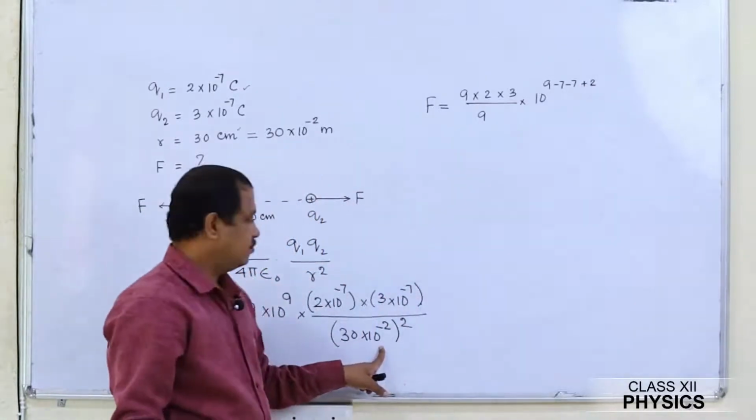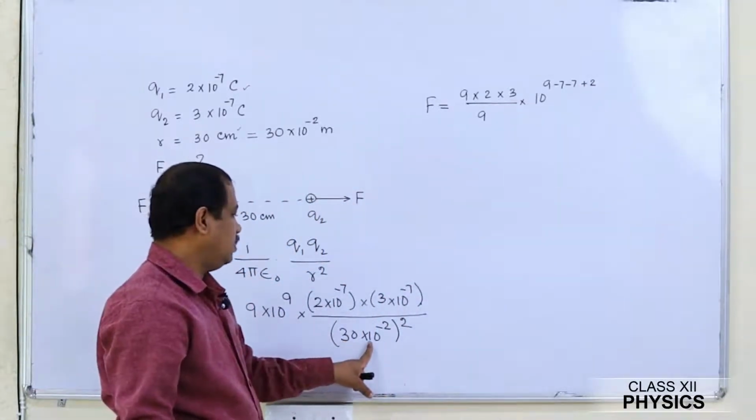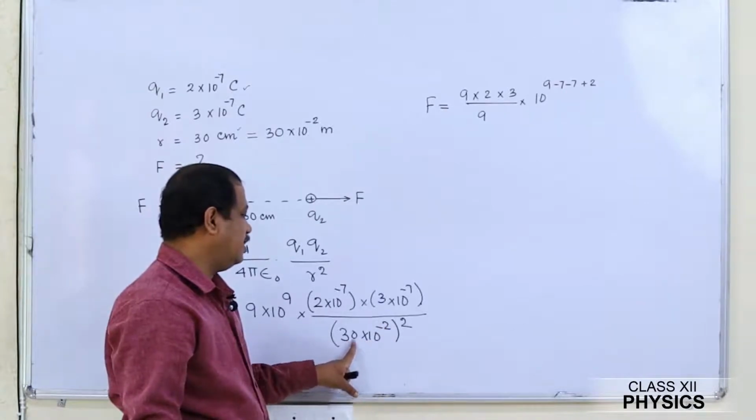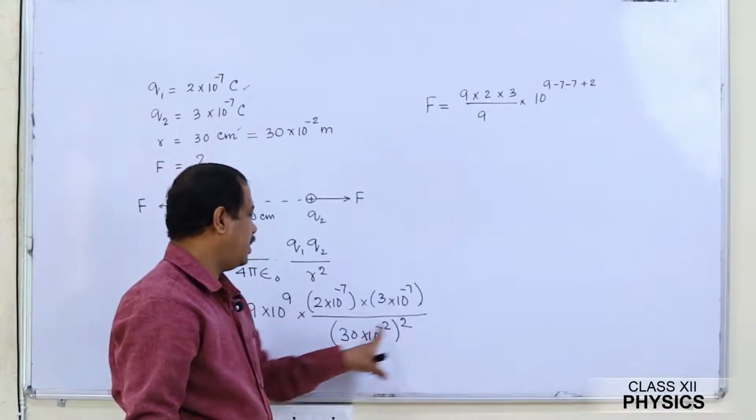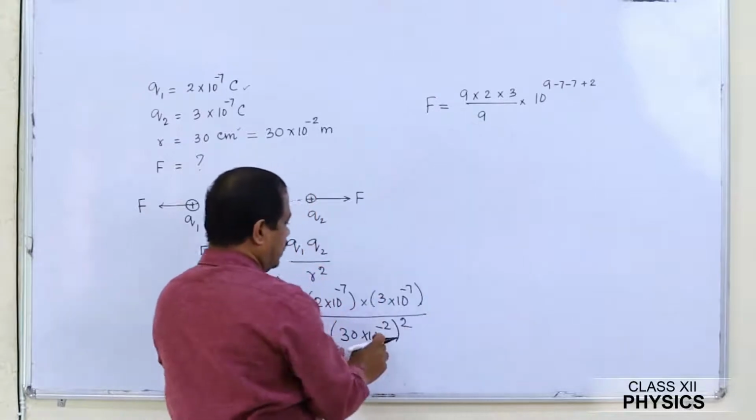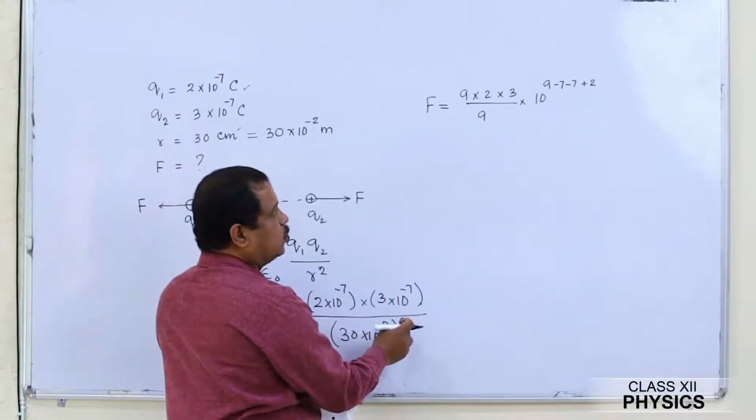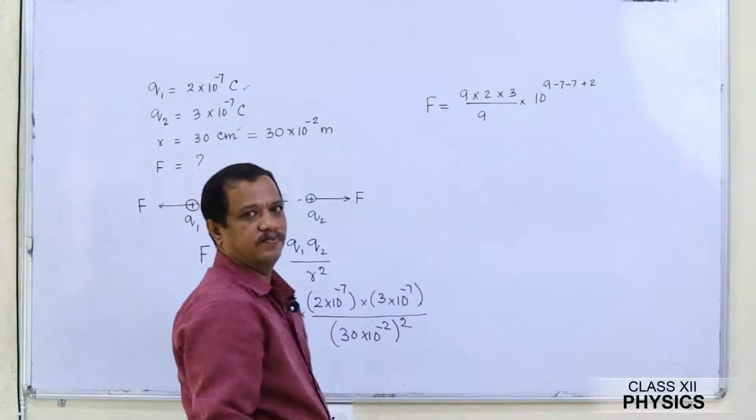I leave it to you to calculate. See, 30 into 10 power minus 2, I can write as 3 into 10 power minus 1. So 3 square happens to be 9, I have placed here. 10 power minus 1 square is 10 power minus 2. If I take it to the top, it will be plus 2.